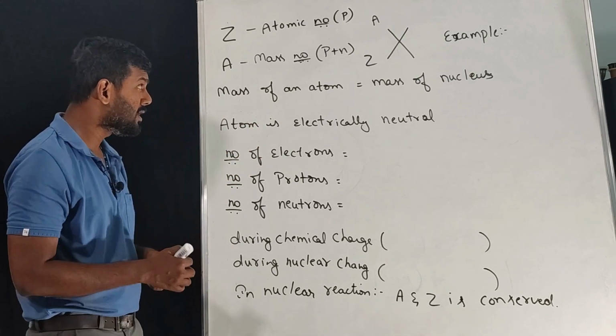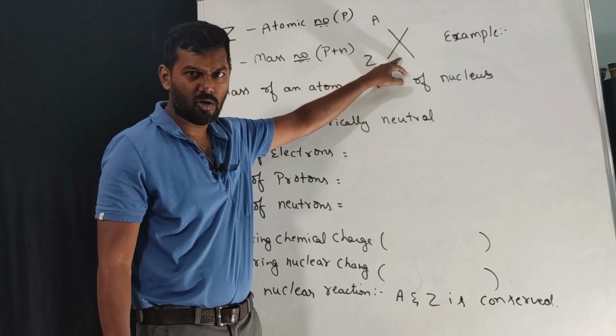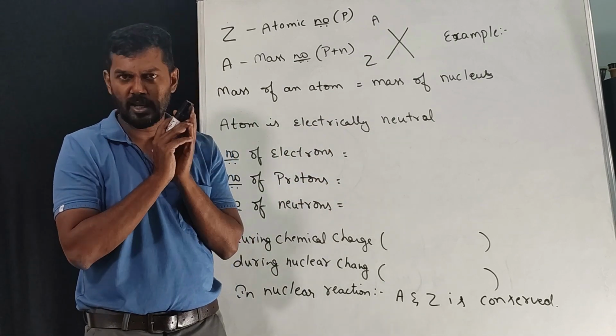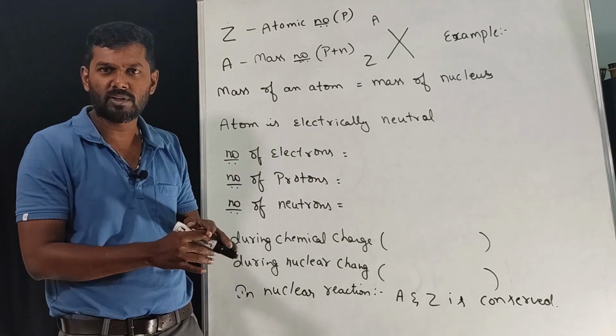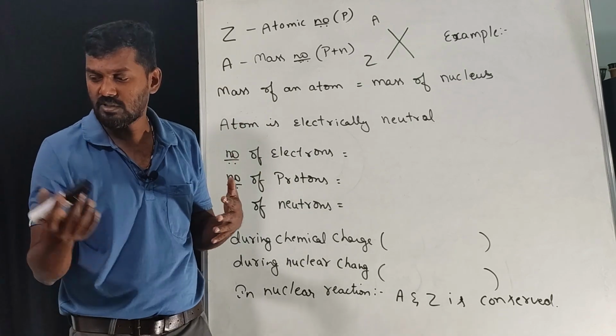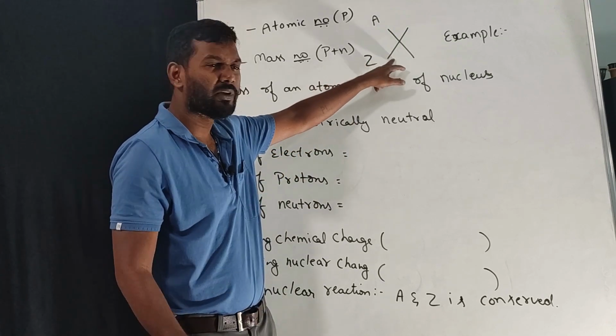Next, listen. This is how we write it. This will be one of the elements in the periodic table. Don't worry, you don't have to learn anything by heart. We are going to give everything. You just need to understand and solve the equation. That is what we are going to learn in the upcoming slides. Now listen, this is how we write.